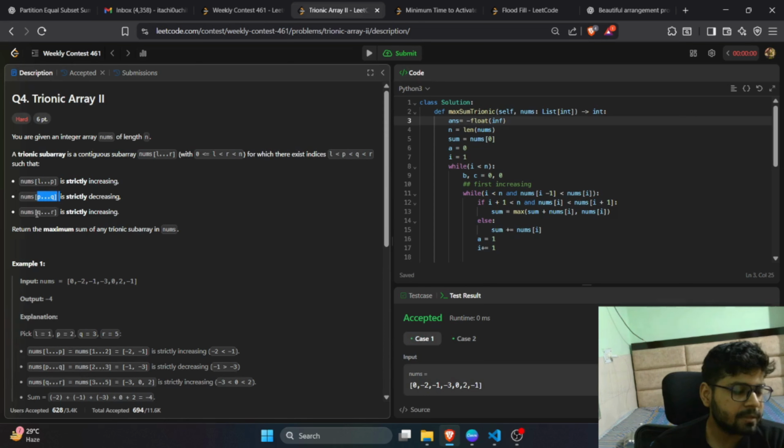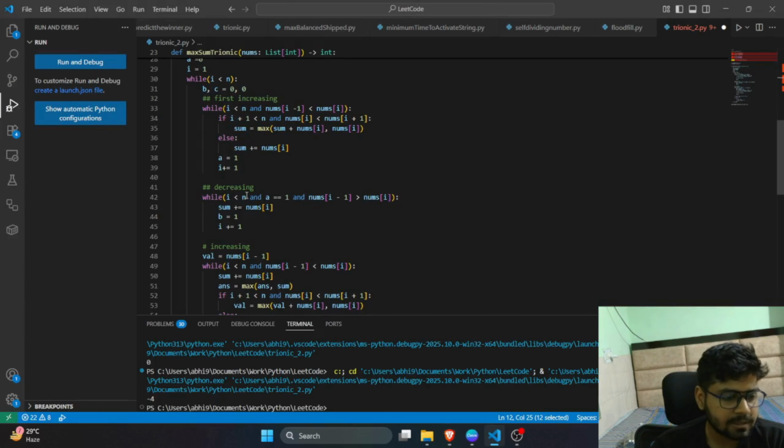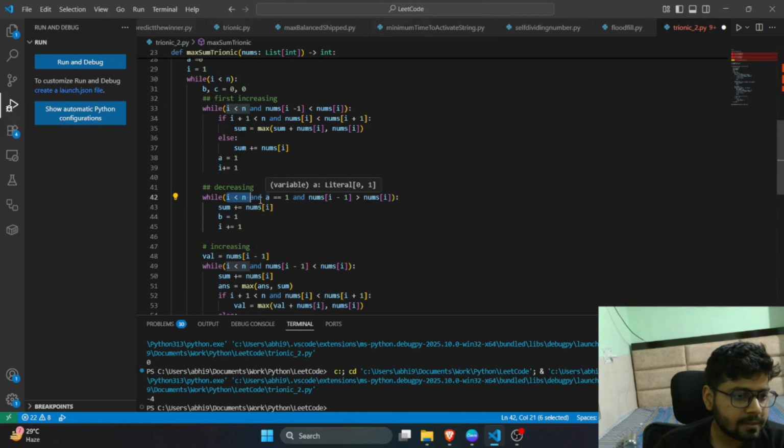So here we just check that i is in range and that it comes from the increasing point, and only then we check the decreasing severity, which should be decreasing also.